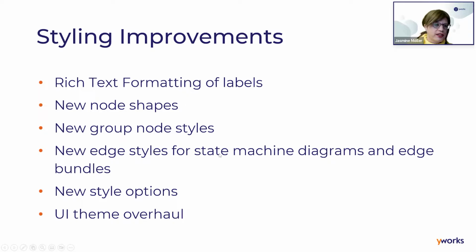There are new edge styles, very suitable for state machine diagrams and for edge bundles. There are a couple of new options for the styles. And in general, we have done a complete UI theme overhaul. It's maybe not that visible, but it's noticeable in a lot of spots in the user interaction.